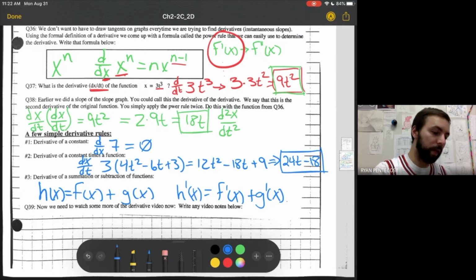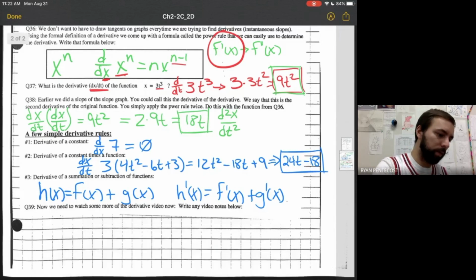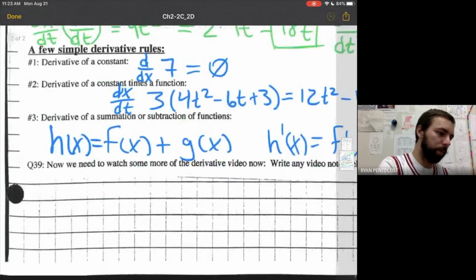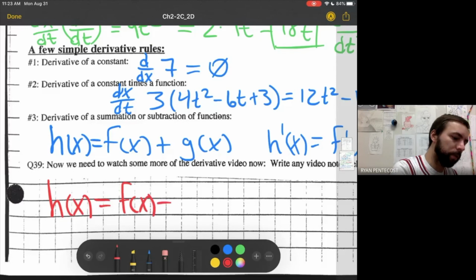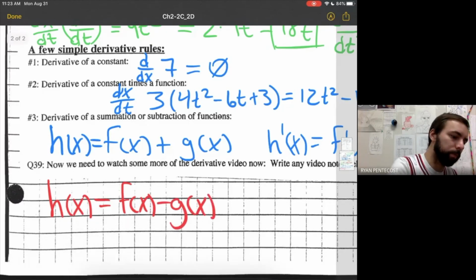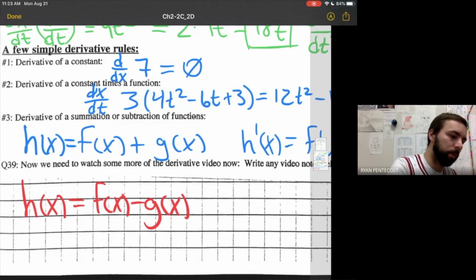And then that same could be said for subtraction. Let me see if I can scroll down. I cannot. Okay. So let's say h of x equals f of x minus g of x. Okay, there we go.